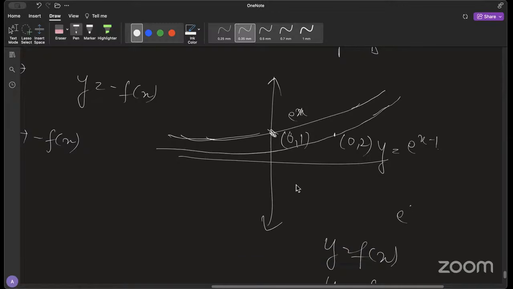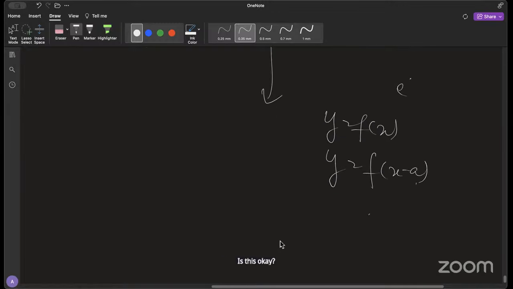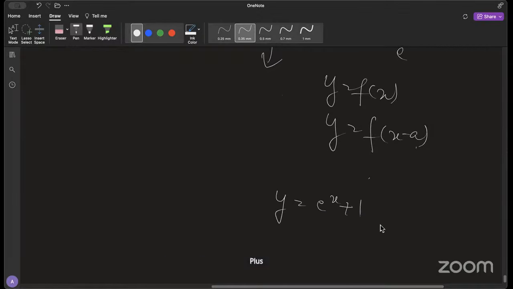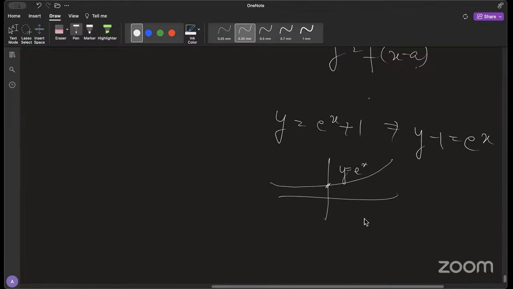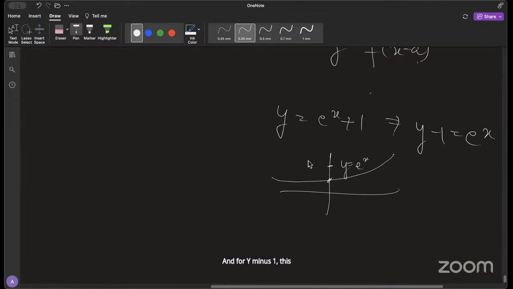Is this okay? And similarly, the same thing happens when you have y is equal to e to the power x plus 1. So this means you have y minus 1 is equal to e to the power x. So the graph for this one looks like this. The e to the power x graph is this. And for y minus 1, this gets shifted here. So you have 0, 1 here.